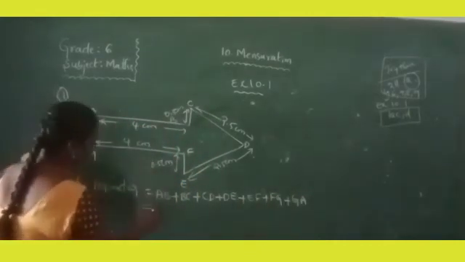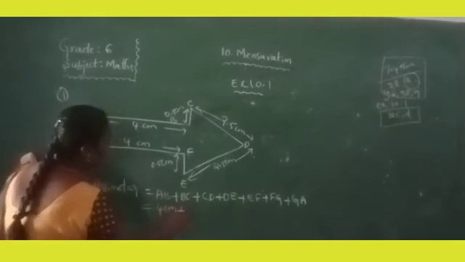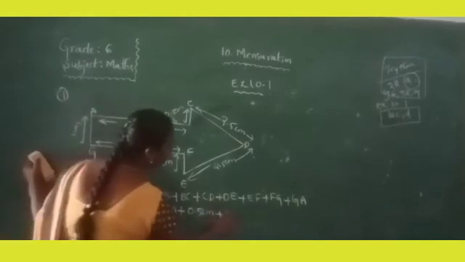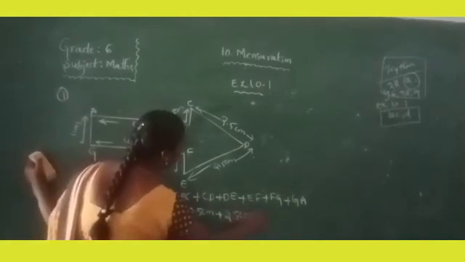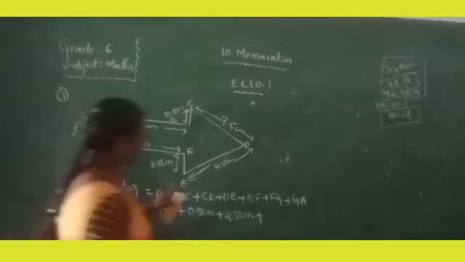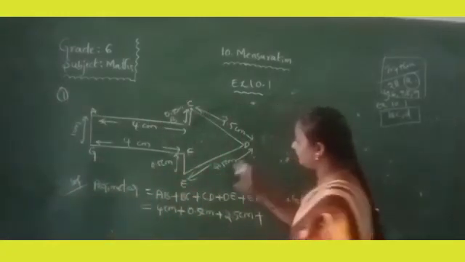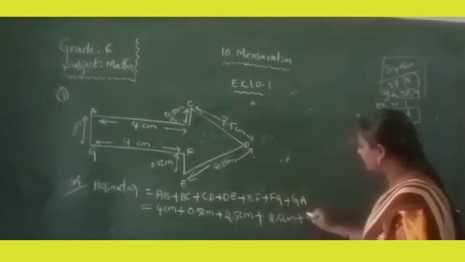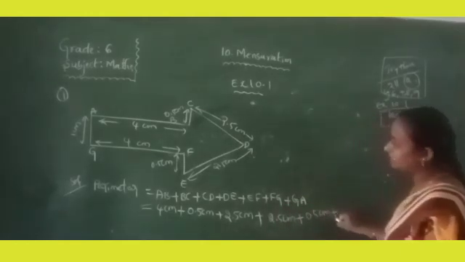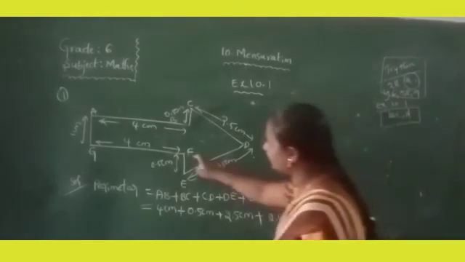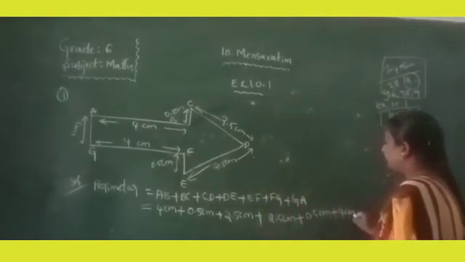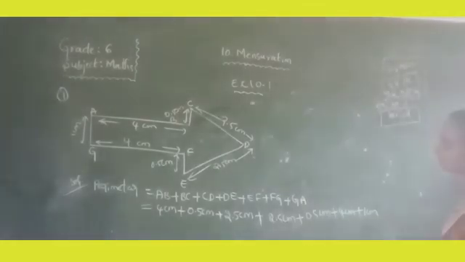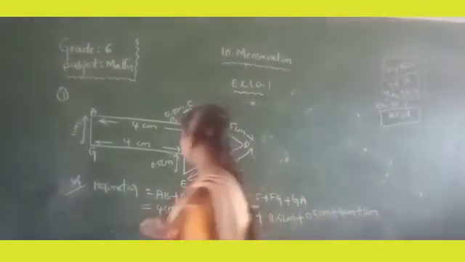AB length is 4 centimeters. BC length 0.5 centimeters. CD length 2.5 centimeters. Next DE 2.5 centimeters. EF 0.5 centimeters. FG length is 4 centimeters, and GA length is 1 centimeter. Now add this.